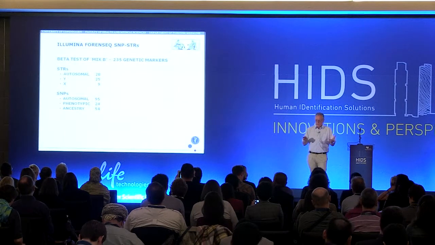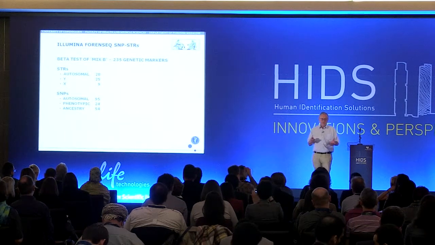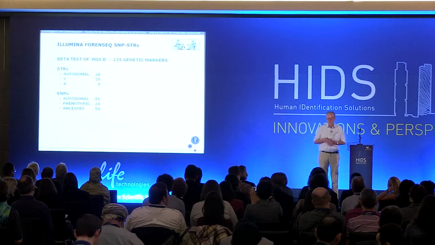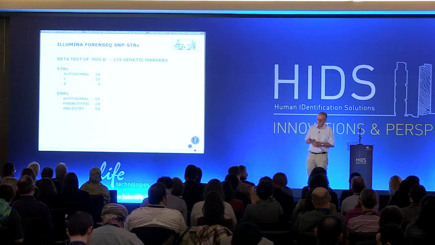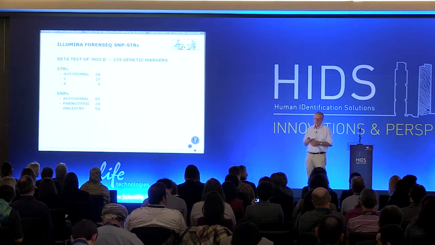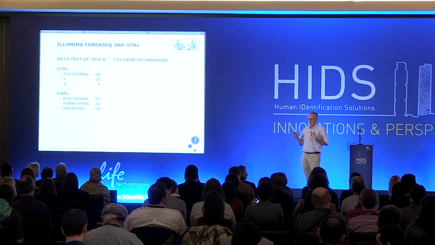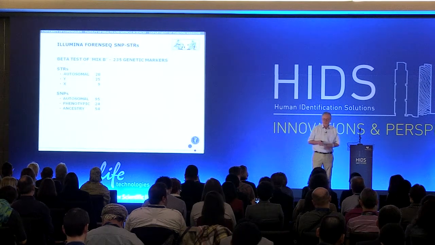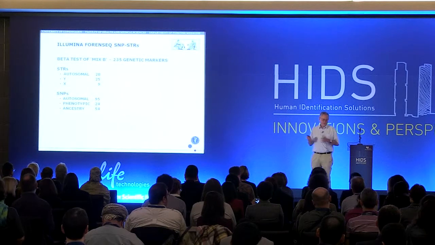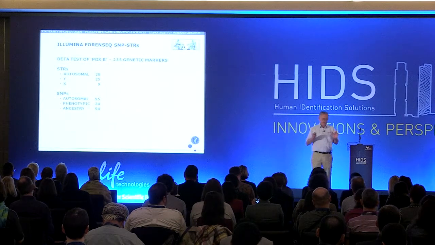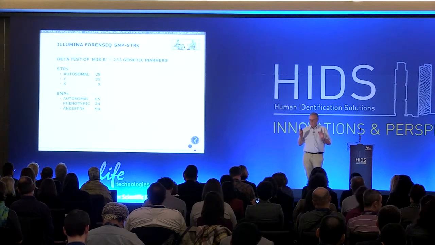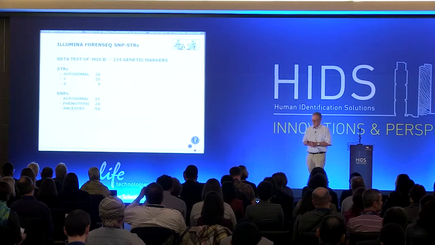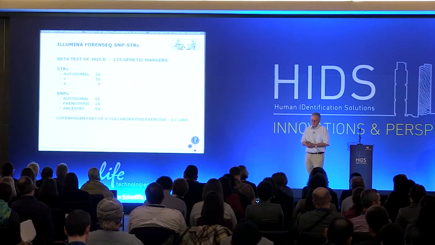So I'm going to tell you a little bit about the Illumina kits that we tested. We tested this Mix B some months ago. It has a lot of genetic markers, STRs and SNPs, and they are distributed as autosomal and lineage markers, and the purpose is identity and relationship testing and phenotypical traits and ancestry, and it's all in one package.